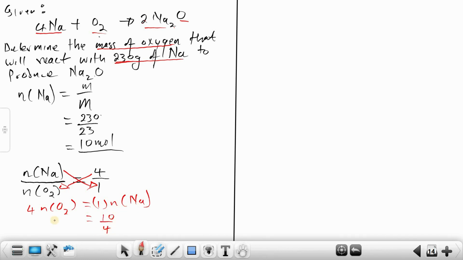Then divide by 4 for me to get the number of moles of oxygen. So dividing this by 10, 10 divided by 4 will give me number of moles of oxygen to be 2,5 mole.